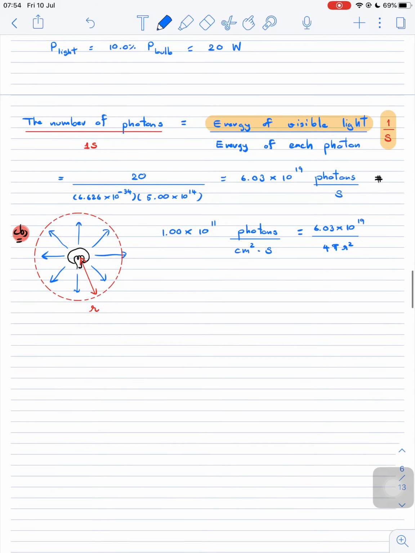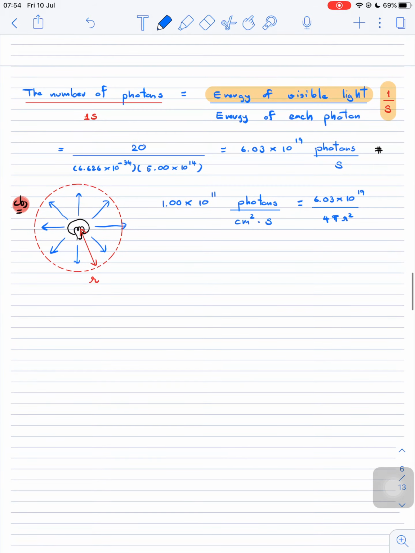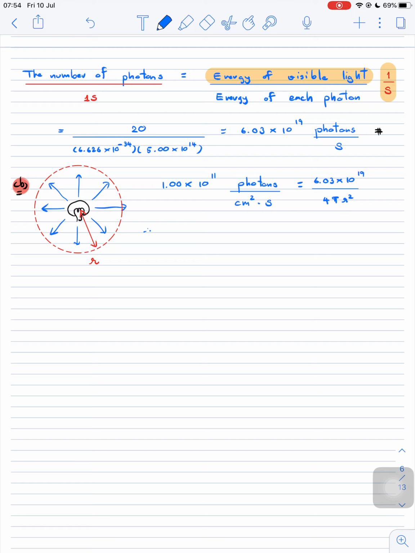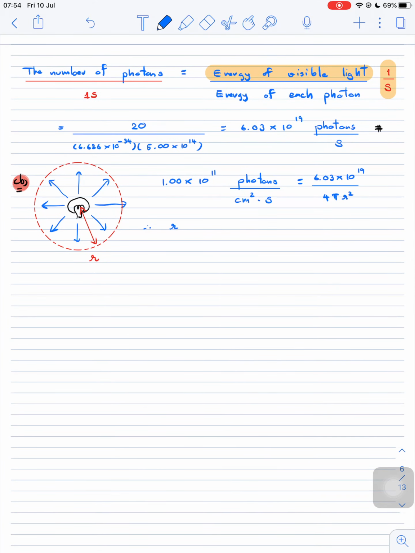Then we can rearrange the equation to get r.